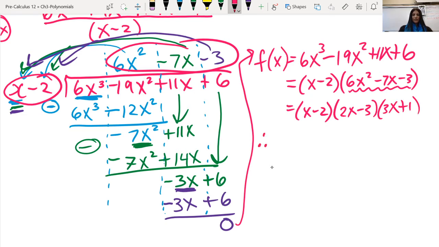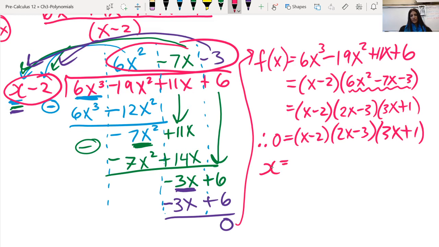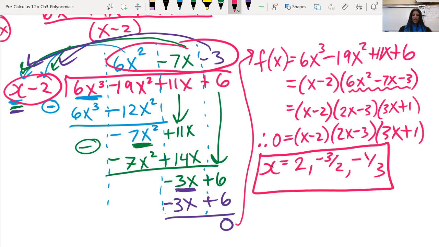And so therefore, I'd set them equal to 0, so I'd have x minus 2, 2x minus 3, and 3x plus 1. And so I know that my roots, or my solutions, or my x-intercepts, or my zeros, because they all mean the same thing, would be 2, and from here it would be negative 3 over 2, and from here it would be negative 1 over 3, and that's what I would get for my answers.